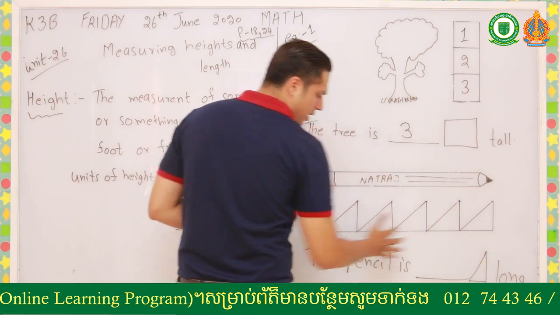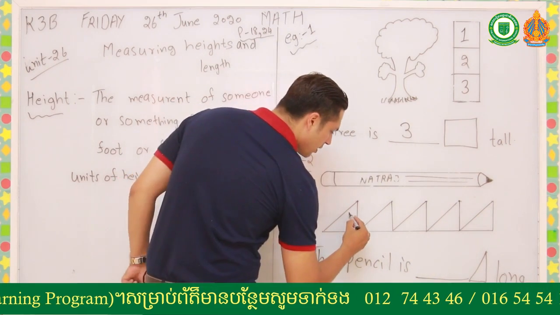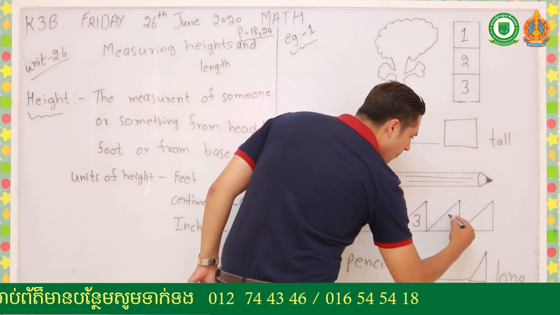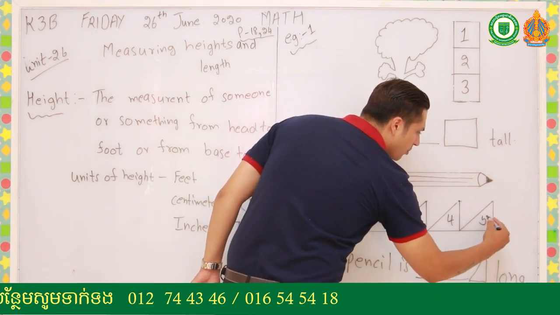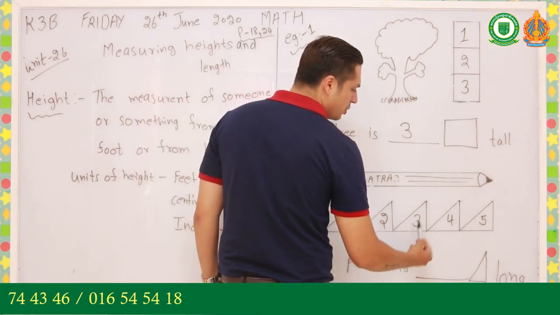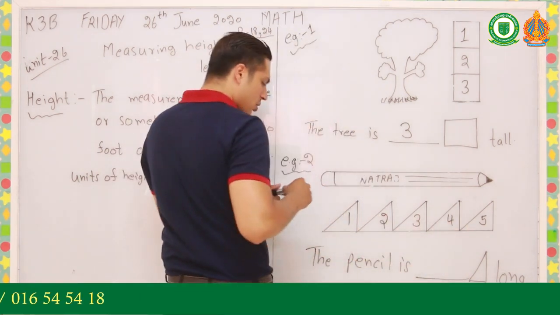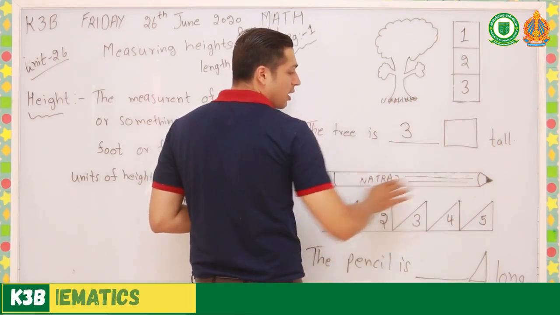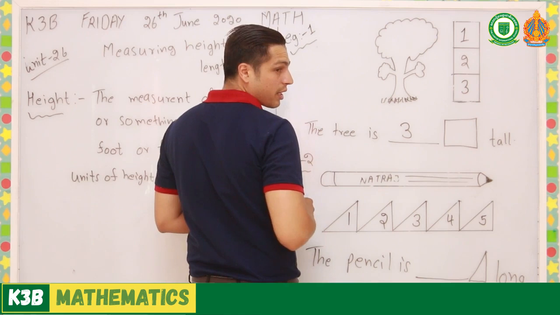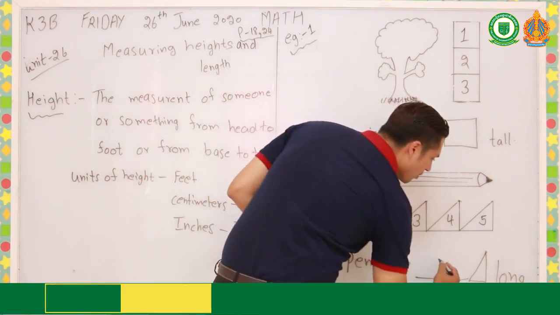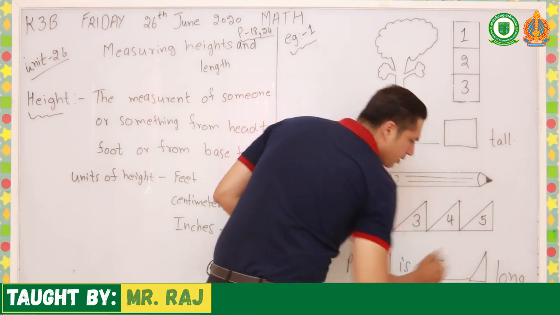So we have triangles too. 1, 2, 3, 4, 5. So how many triangles? 1, 2, 3, 4, 5. So the length of 5 triangles is similar to the length of the pencil. Okay, so we can say the pencil is 5 triangles long.